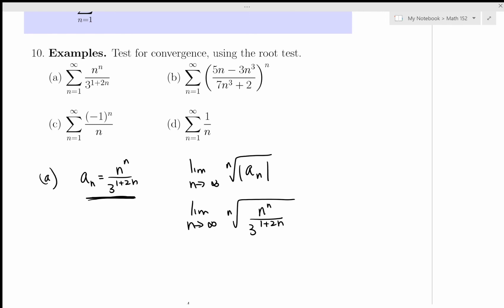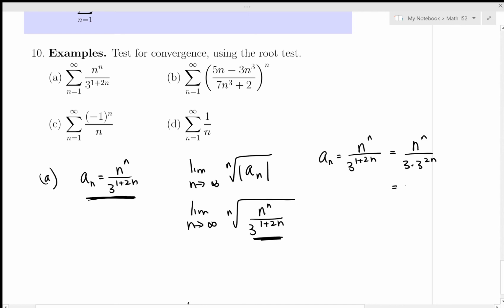Along those lines of thought, I'm going to rewrite a_n. I'm going to take a look at what's underneath the nth root sign and see if I can do a nicer job of this. I'm going to take n to the n over 3 to the 1 plus 2n and write that as n to the n over 3 times 3 to the 2n.